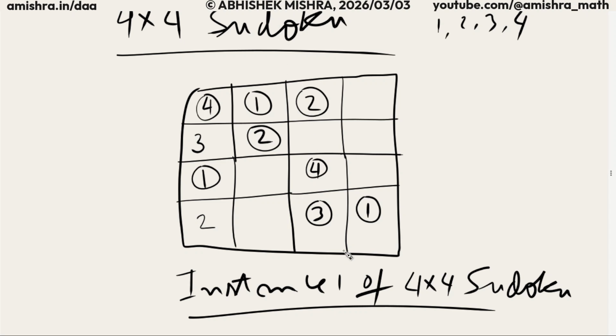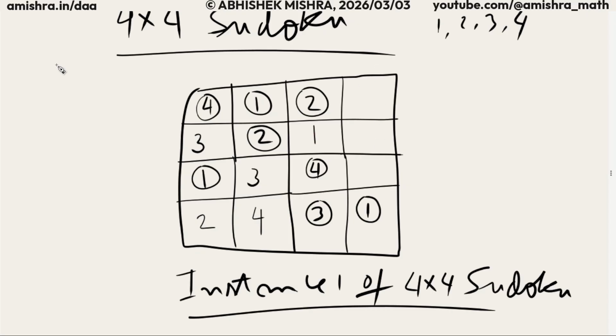Next we consider last row, 1 2 3, 4 is missing, so we write 4 here. Next second column 1 2 4, 3 is missing, we write 3. This third column 2 3 4, 1 is missing, we write 1.